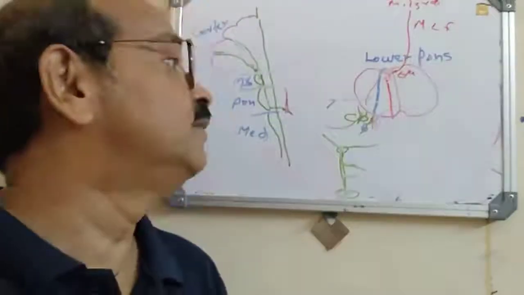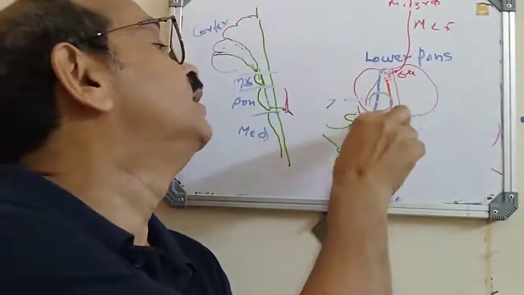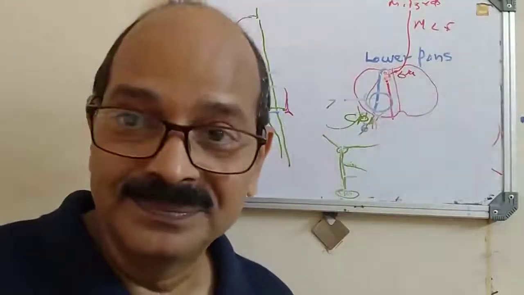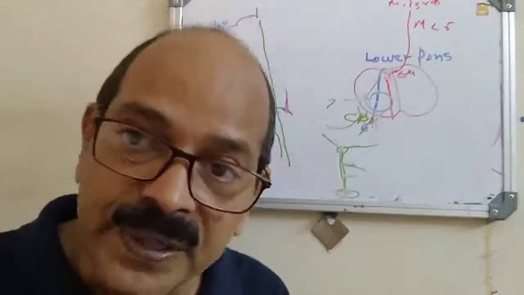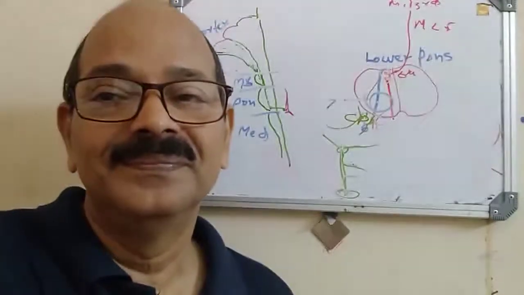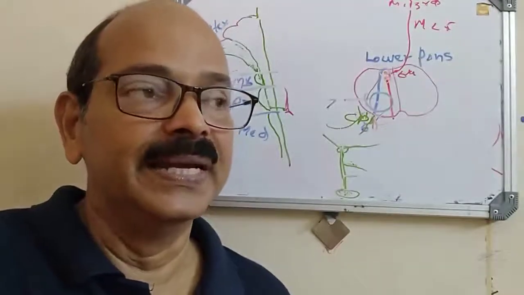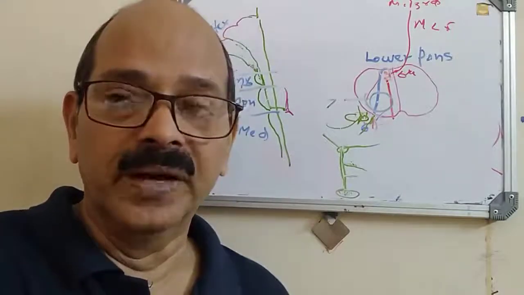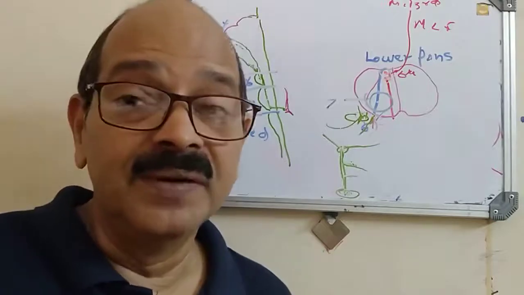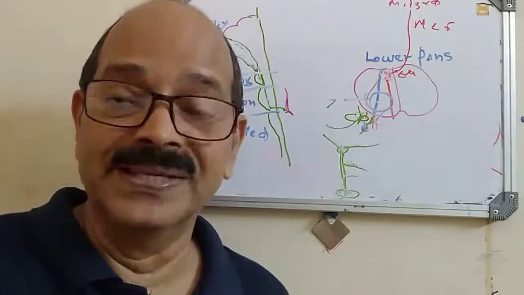So if the pyramidal fibers are involved, what will happen? It is going down and it is destined for the opposite side. Opposite side involvement leads to weakness of the upper and lower limbs. So what will you get? The crossed hemiplegia.